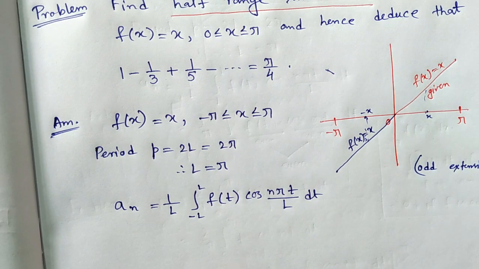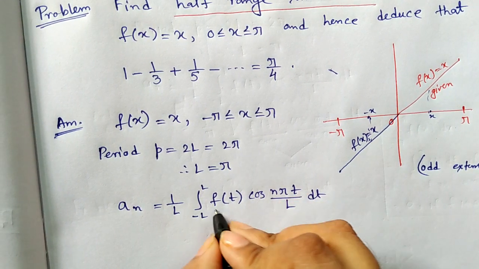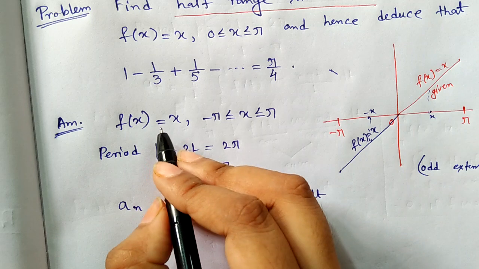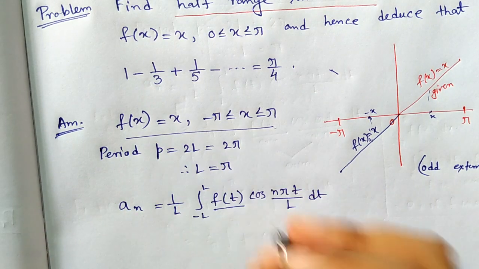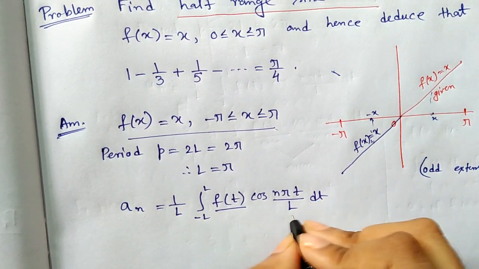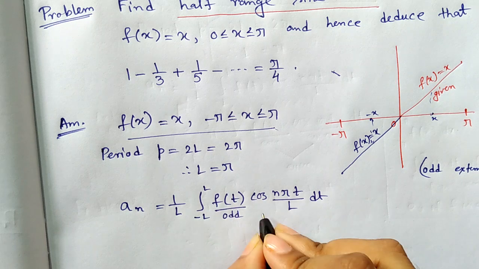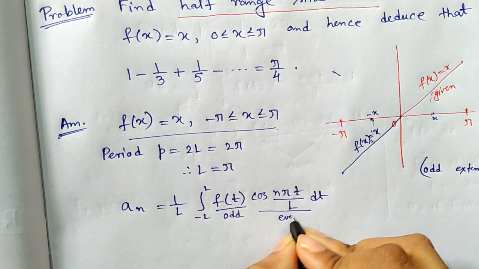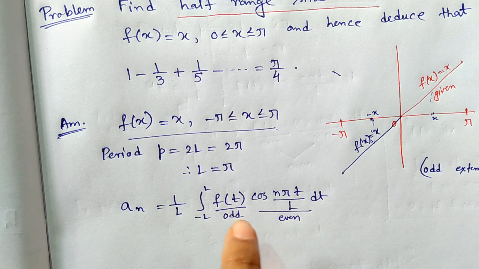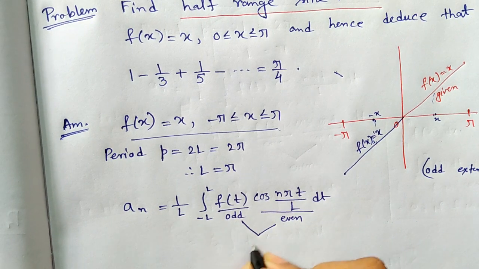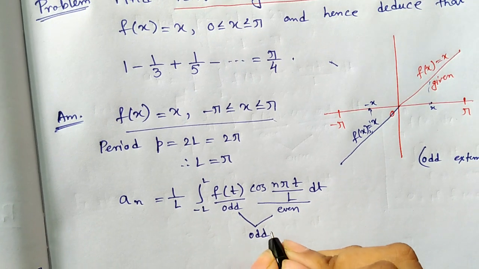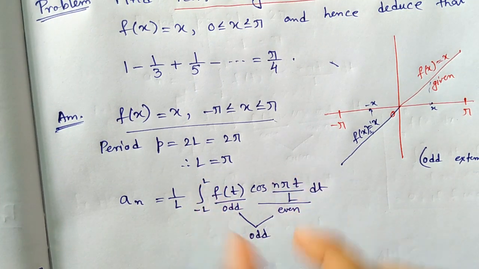Now see, this is our finally extended function which is odd, and the cos function is even. The product of an odd function and an even function is odd. Therefore the integrand is odd.